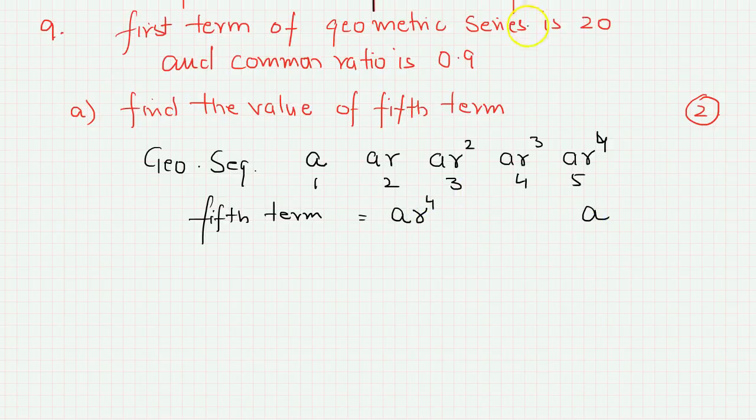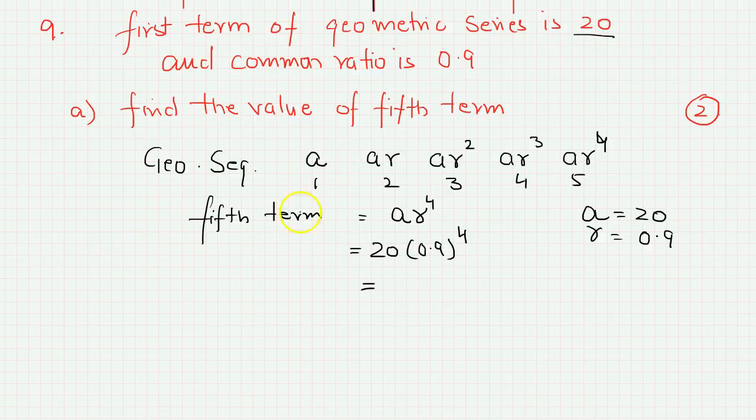Here it's saying the first term is 20 and r is 0.9. So the fifth term will be 20 times 0.9 to the power 4.